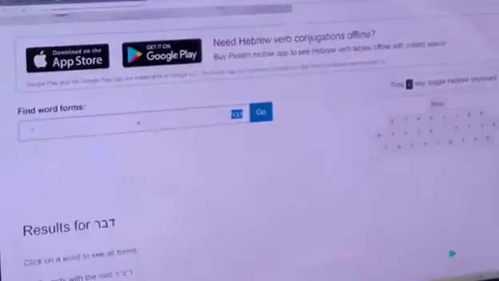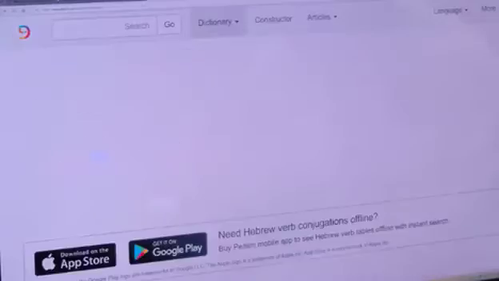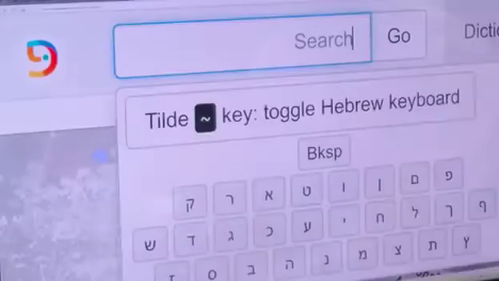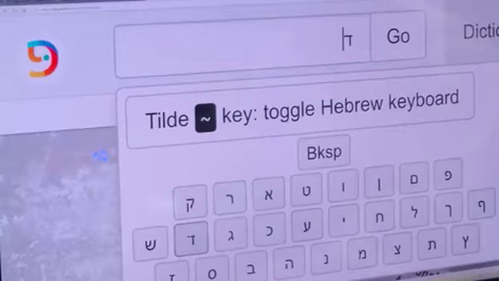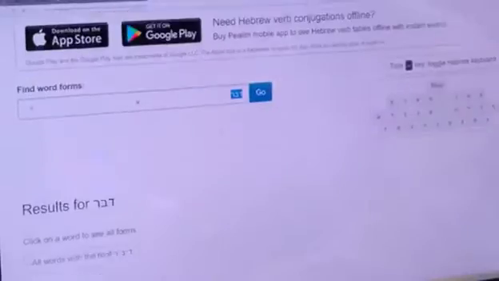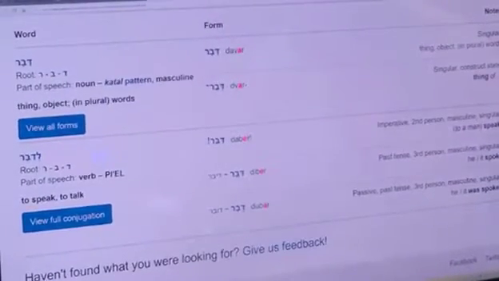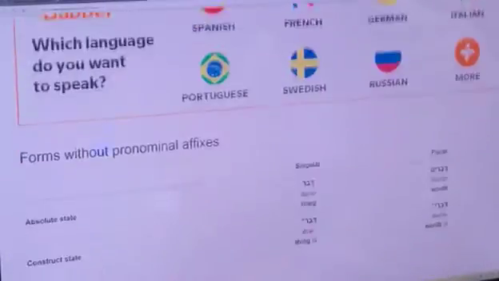I'm not sure if they have the pronominals here. Let's go back and see if they provide the pronominal. If not, let's go back to the document for the sake of time. All right, so it doesn't look like they provide the pronominal suffix form.